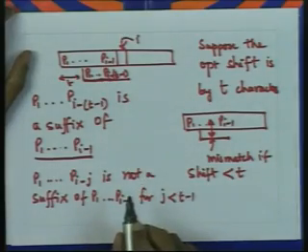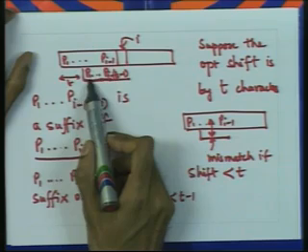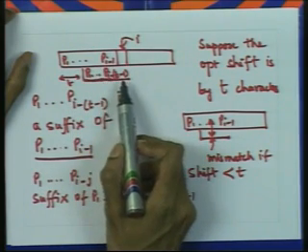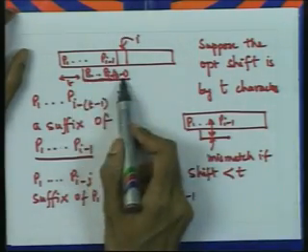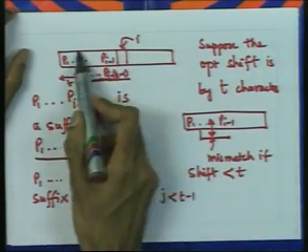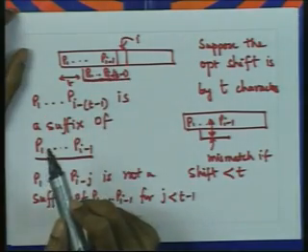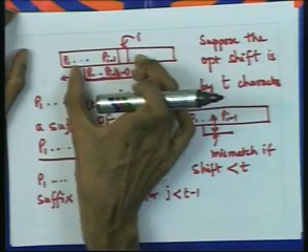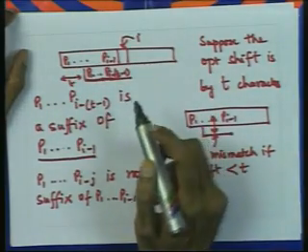If the following thing holds, which is that this prefix, p1 through p i minus t plus 1, is a suffix of this portion, and this is the largest such string. If I shift it by less than this, then there will be a position where there is a mismatch.